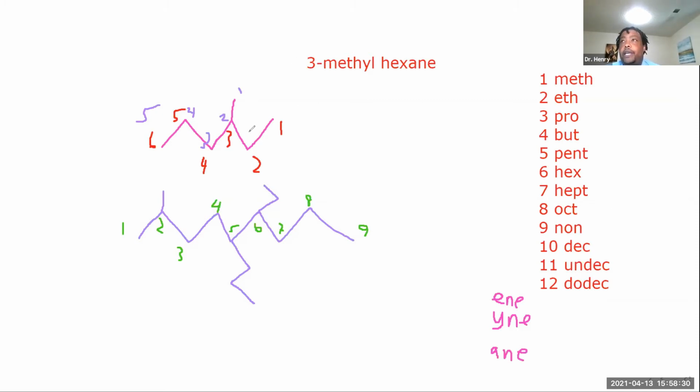If I went this way, that's 1, 2, 3, 4, 5, 6, 7, 8. And then if I went this way, that's 1, 2, 3, 4, 5, 6, 7, 8, 9.